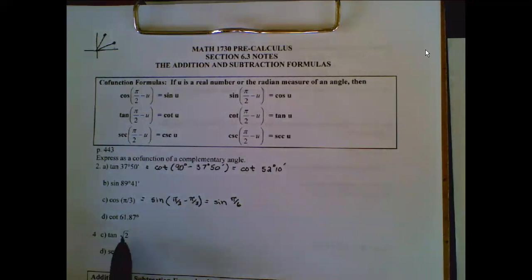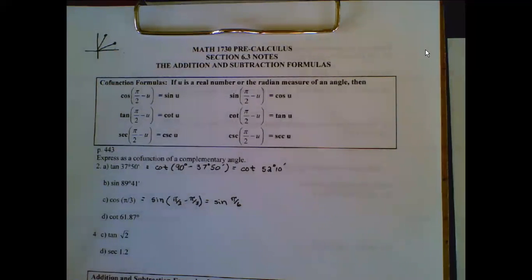What about number 4? What are the units on these two angles? Tangent of square root of 2. Is that square root of 2 degrees or square root of 2 radians? 2 radians. Yeah, if it doesn't have the degree symbol, it's radians.